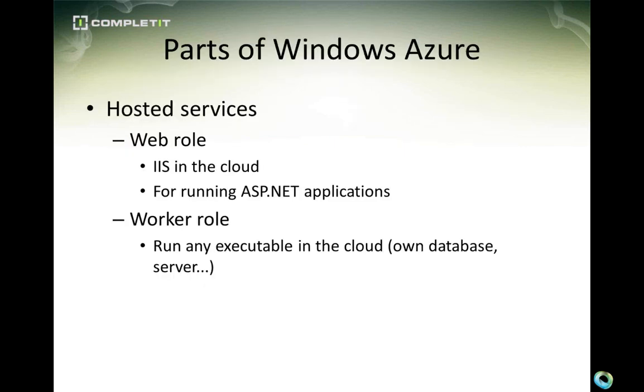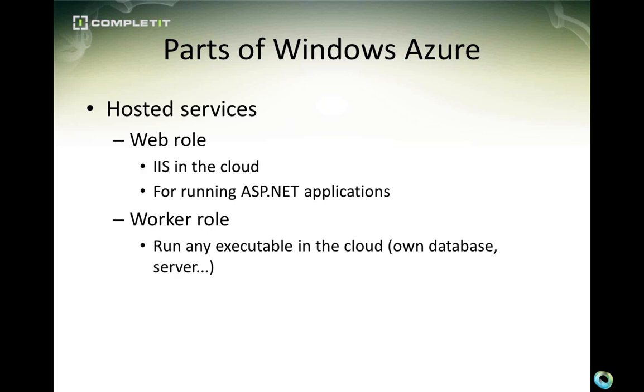Okay. So the parts of Windows Azure are the following. The compute part is actually called the hosted services. And hosted services, basically, as the word says it, are a way to host your application, or your applications or your services. There's actually two ways of doing something in hosted services. That's using a web role or a worker role. A web role, as the word says it, is something that hosts your internet applications, your ASP.NET applications, and we will use that extensively throughout the talk.